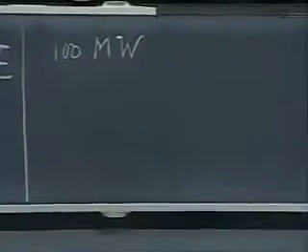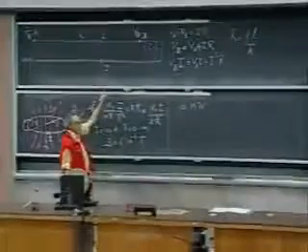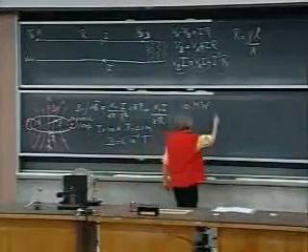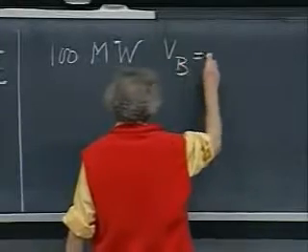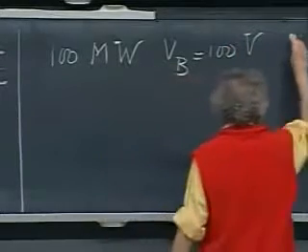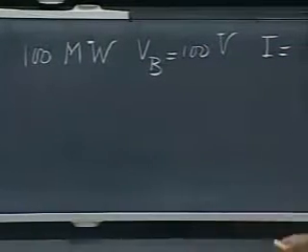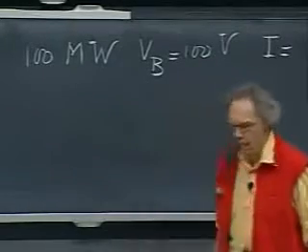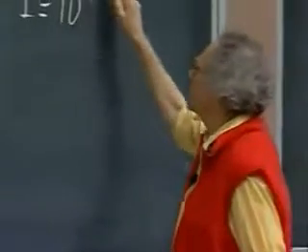And just for the sake of argument, suppose at V_B, the potential is 100 volts. So V of B is 100 volts. What now is the current? Well, current times potential gives me power. And so my current is now 1,000,000 amperes.